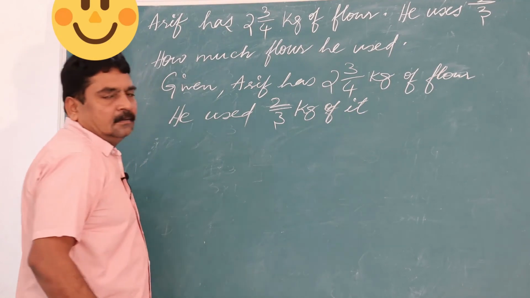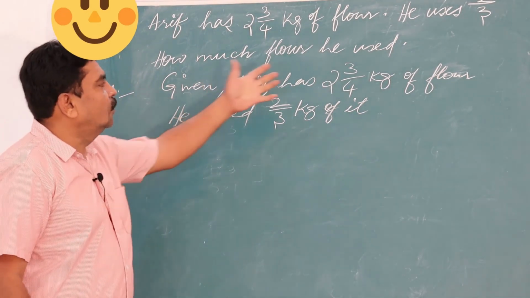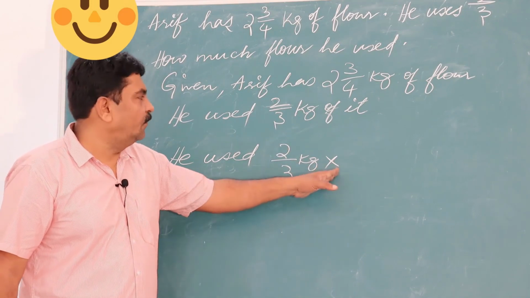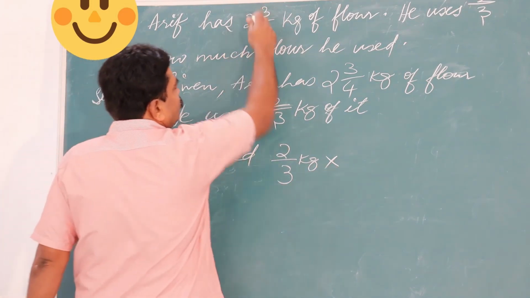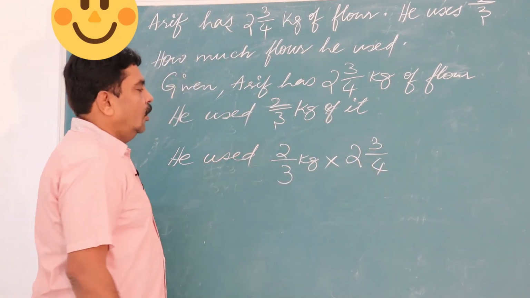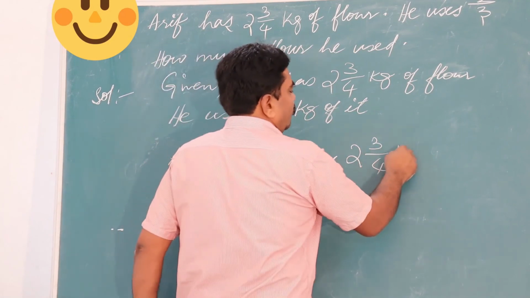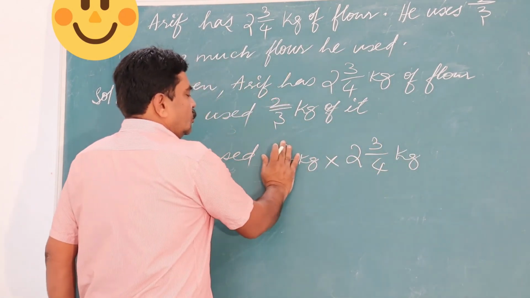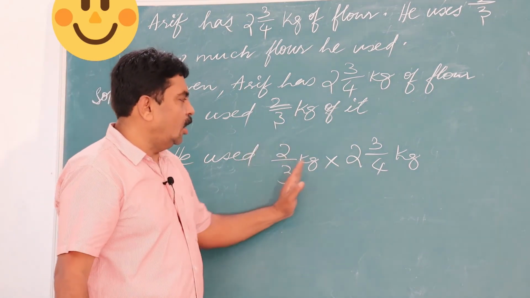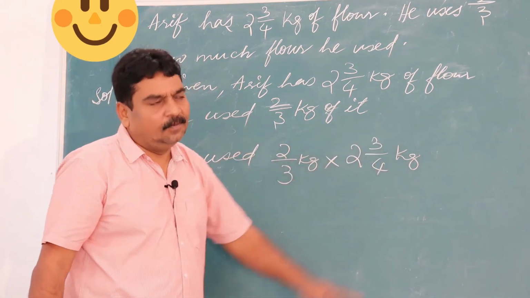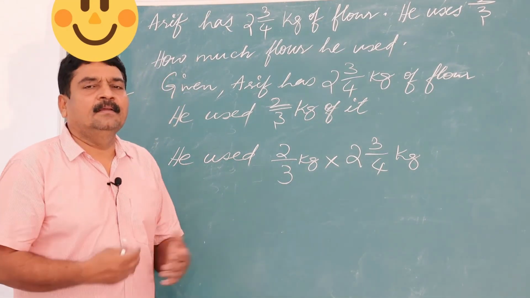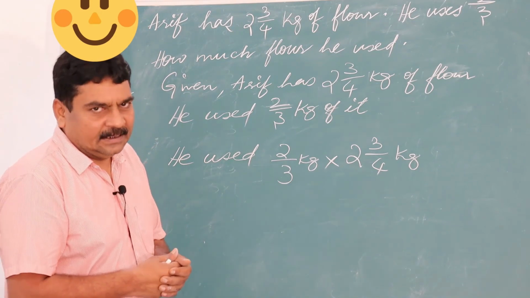Then how much flour did he use? He used 2 by 3 of 2 3 by 4. So out of the total flour he has used 2 by 3 of it. That is why we are writing 2 by 3 of 2 3 by 4. As I told you, of always refers to multiplication.